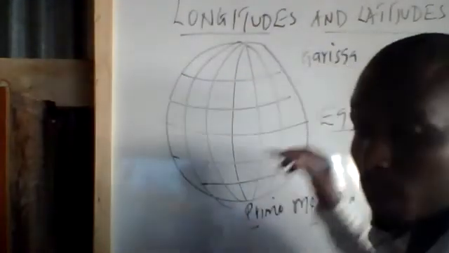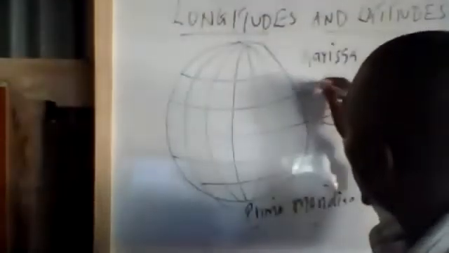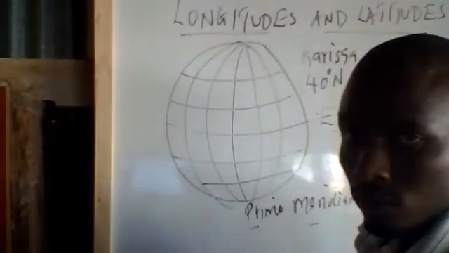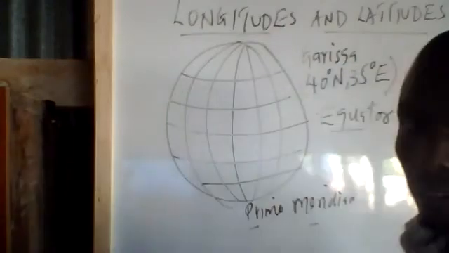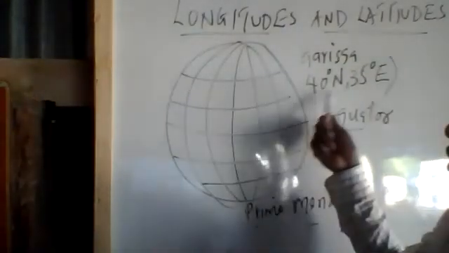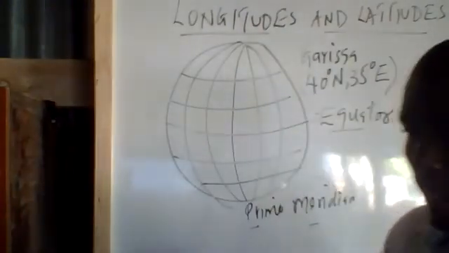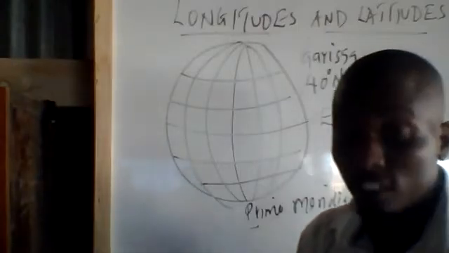Now, how can you be able to give the position of Garissa, which is 40 degrees north and then 35 degrees east? That is an example. How can you be able to deal with this for you to position it wherever it's supposed to be?